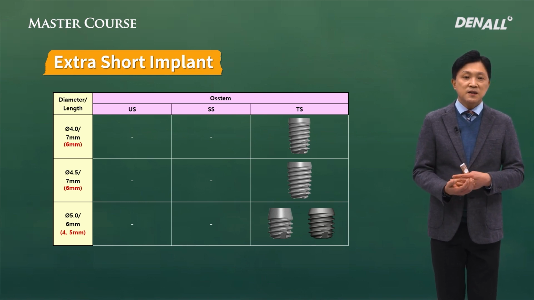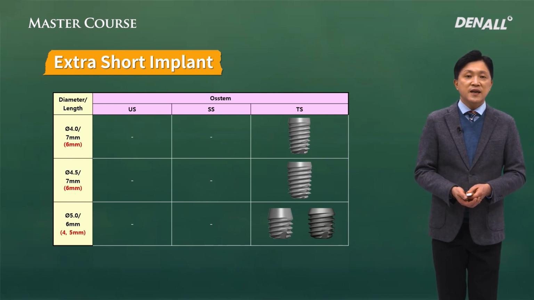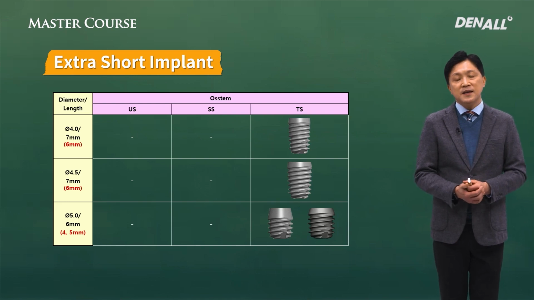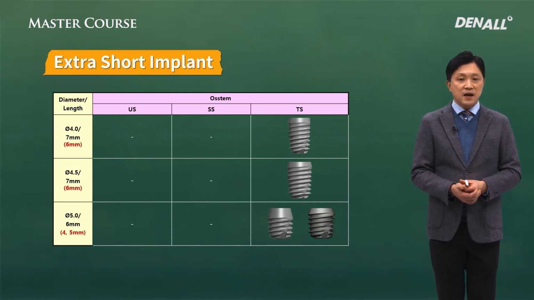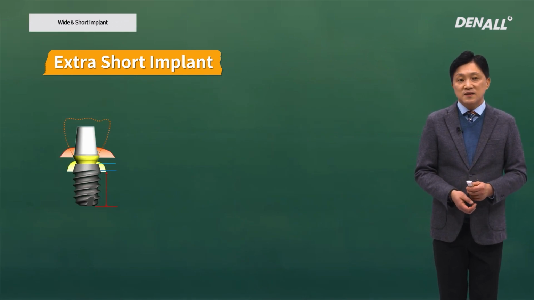There are 2 versions, so it goes up to 5 by 4 millimeters. So typically what we can say is, in the case of 5 millimeters, 5 by 4 millimeters implants are being produced. So how do you create the bevel with that?